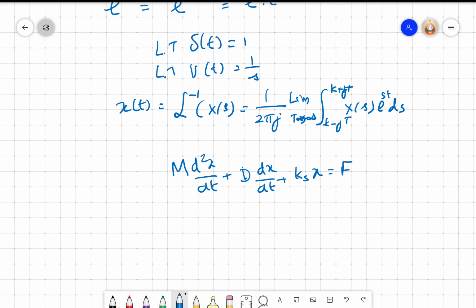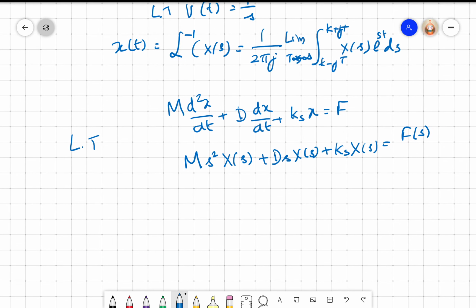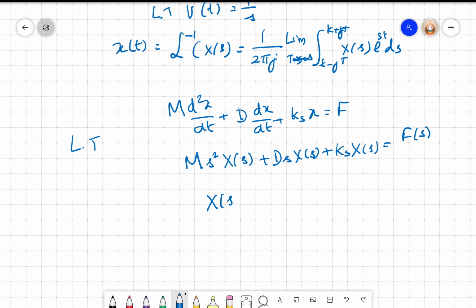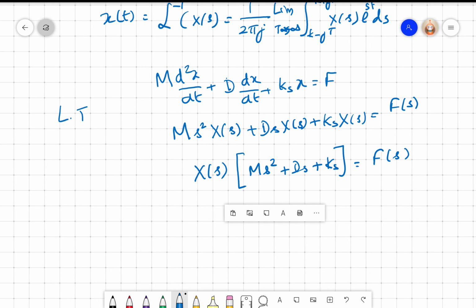If I now apply the Laplace transform, I get m into s square into x of s plus d into s into x of s plus ks into x of s equal to f of s. Or I can rewrite this as x of s into (ms square plus ds plus ks) equal to f of s.